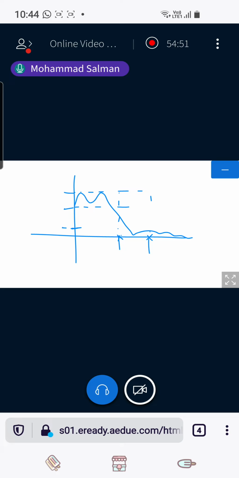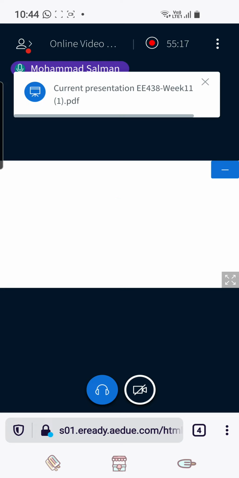For this process, I need to design the filter first in continuous time, and then make it digital. So I start with an analog filter, and there are many methods to design analog filters.